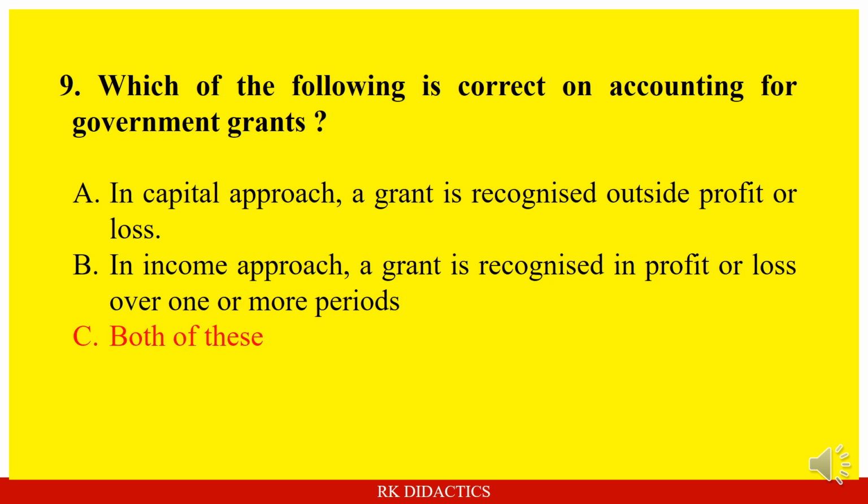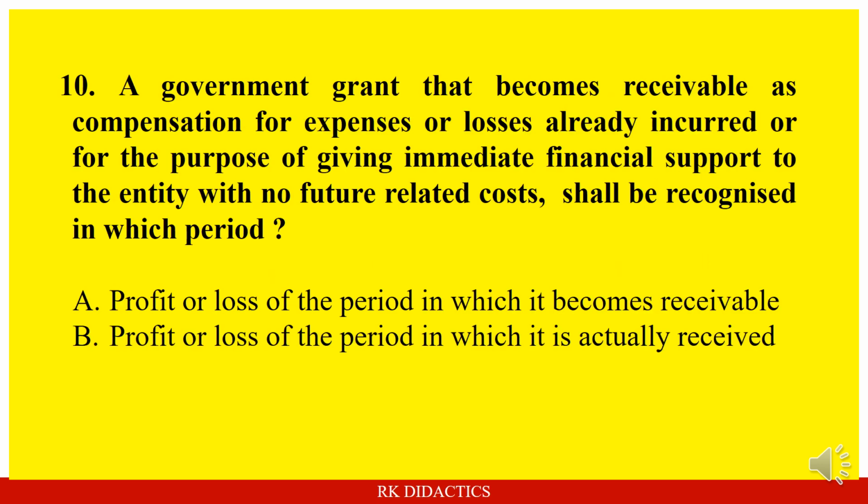So capital approach में grant is recognized outside profit or loss, and income approach में grant is recognized in profit or loss over one or more periods. So answer is both of these. A government grant that becomes receivable as compensation for expenses or losses already incurred or for the purpose of giving immediate financial support to the entity with no future related costs shall be recognized in which period?